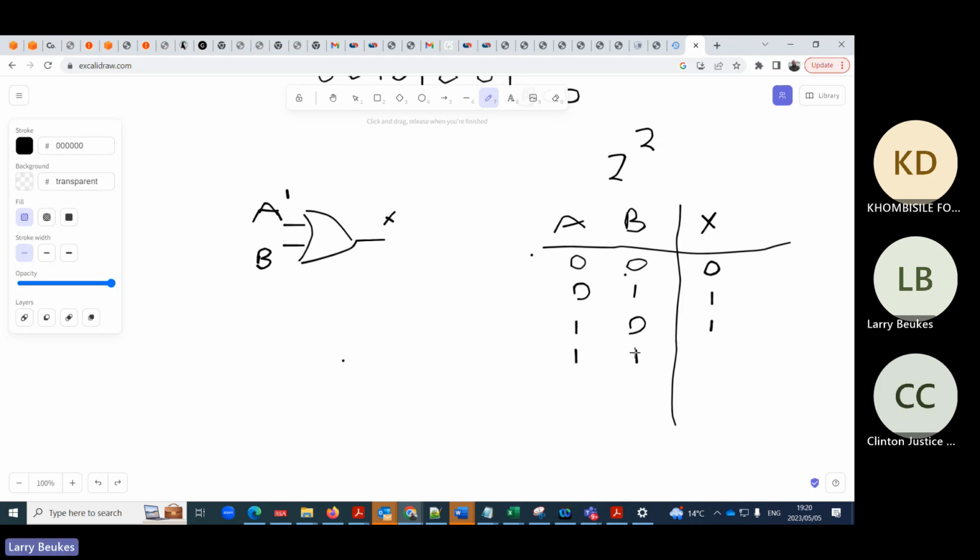If 1, 1, then the output will be 1. So we say if one of the inputs in an OR gate is high, the output will be high. High is basically 1. 0 is low, right? 1 means high.